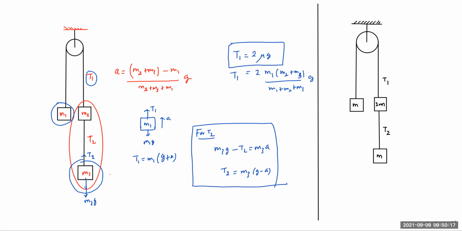Sir, acceleration is g by 2. Three. Yeah, just a minute. Yeah, that's the correct answer. Sir, T1 is, sir, wait, I will have to, okay. Yeah, T1 is, sir, 1 minute. Sir, 1 second. Go ahead.